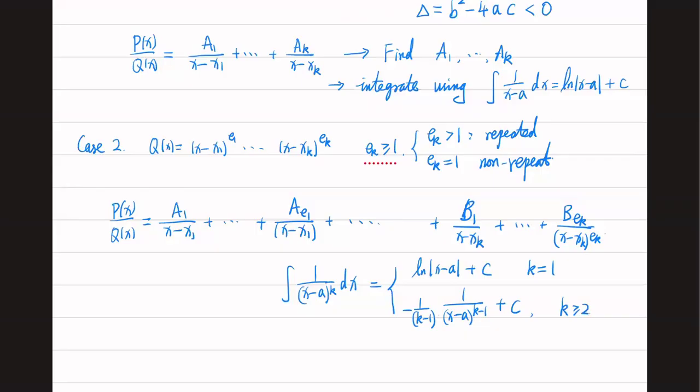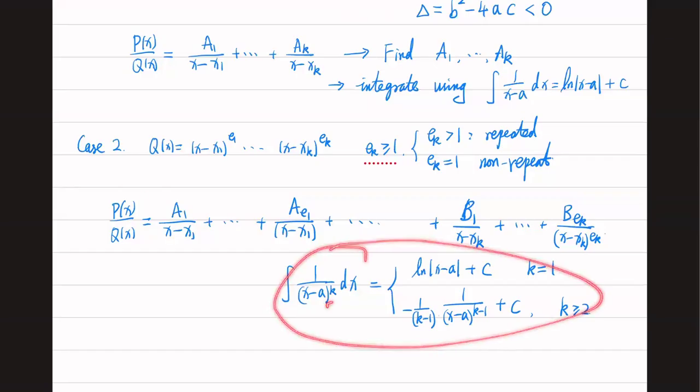Okay. If we can integrate these simple functions, then we can integrate the complicated rational functions. So that's the partial fraction decomposition.